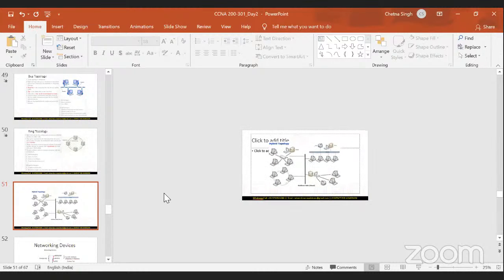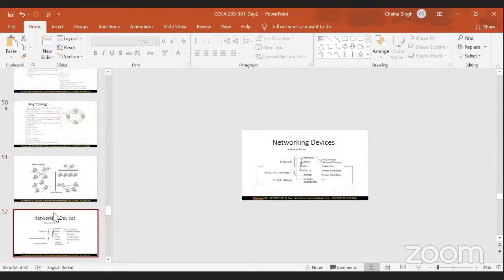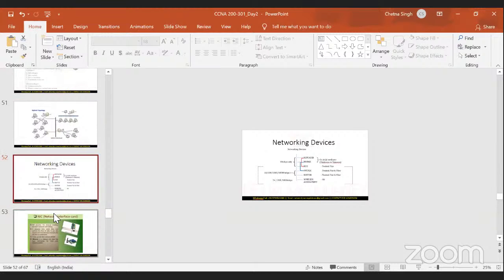Sir, I don't know what is the problem happening. Somehow, I don't know, my computer has got stuck.